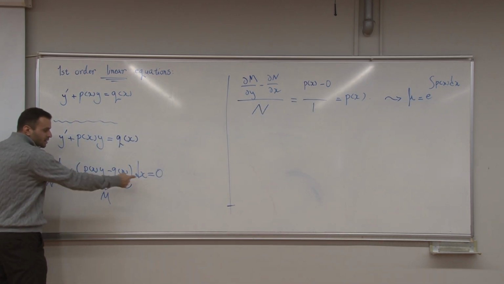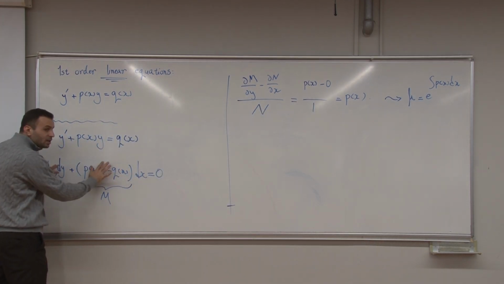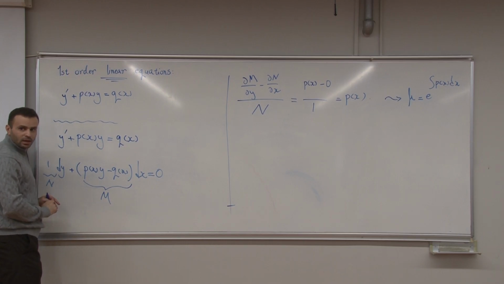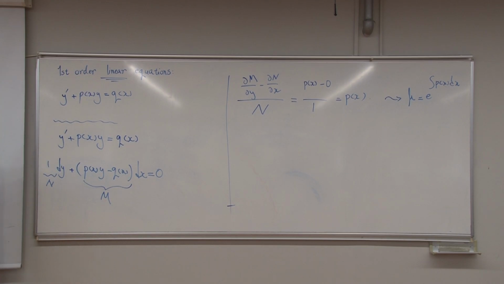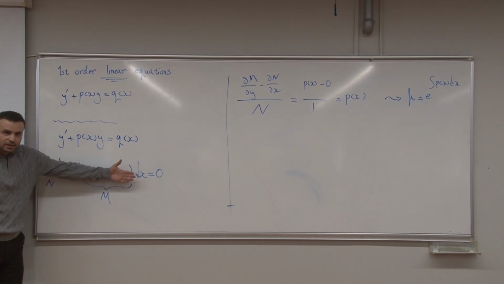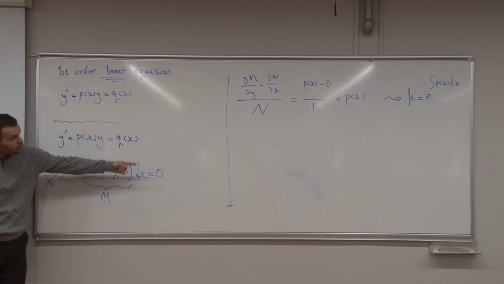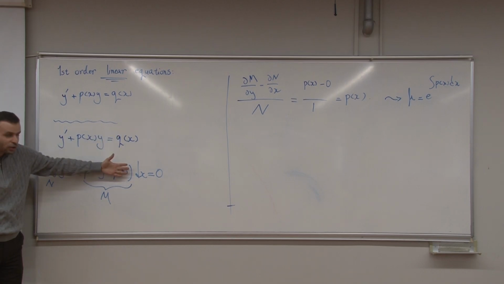I'm leaving working with this case for you. I'm coming back to this part. What I have to do now: we said that if we multiply this equation with that expression, then we are going to get an exact equation, right?